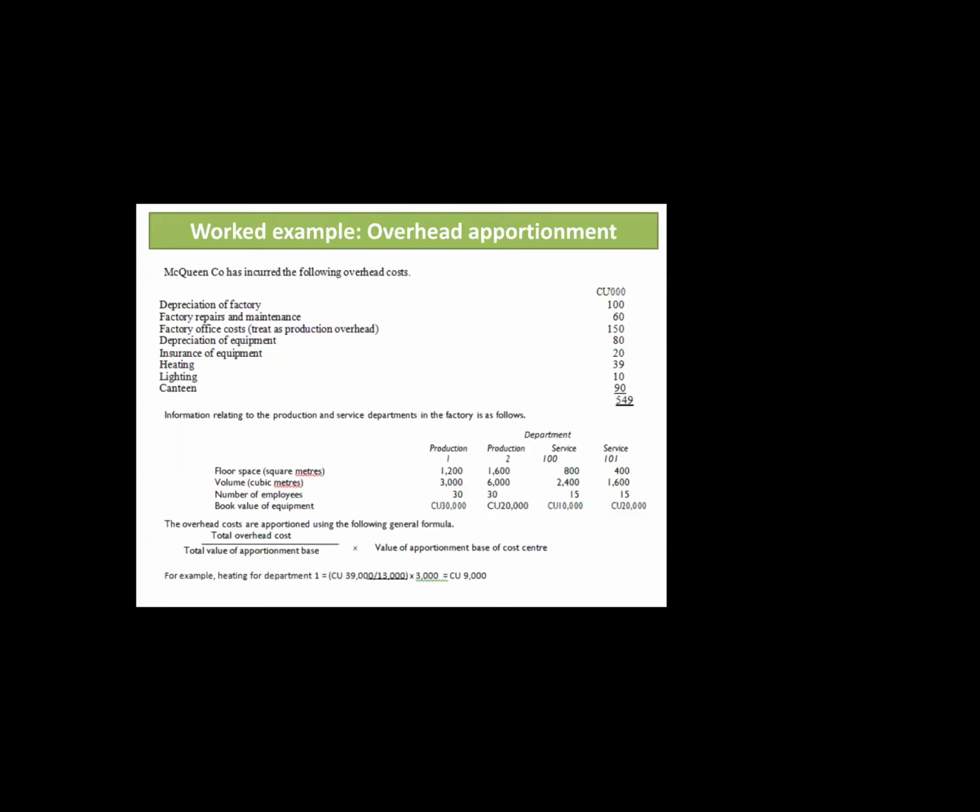Floor space is much more logical because light is used based on floor space. So please allocate lighting cost to all the divisions and give me the answer for production 1, 2, service 100 and service 101.